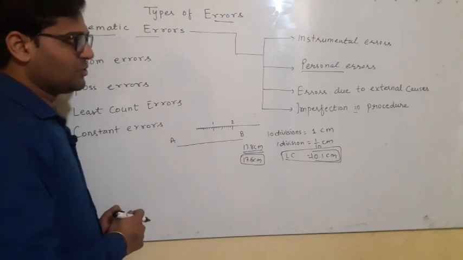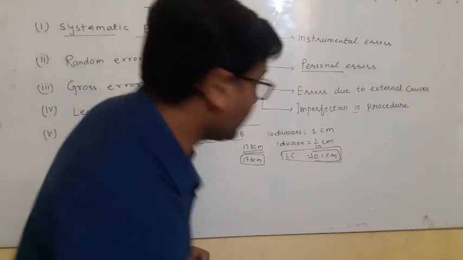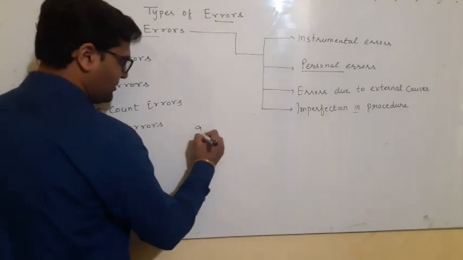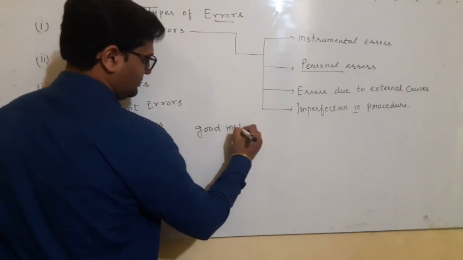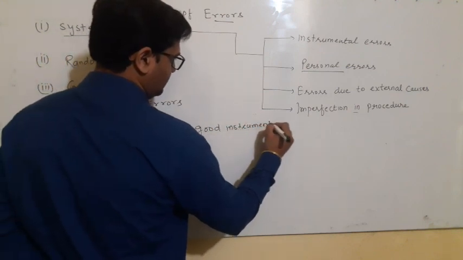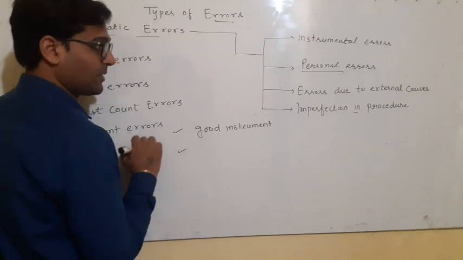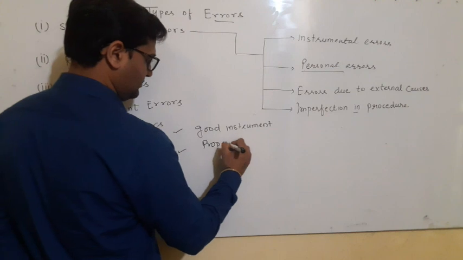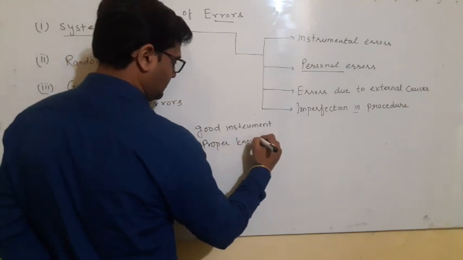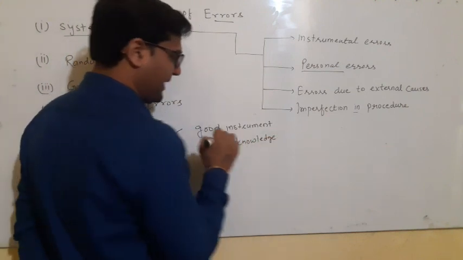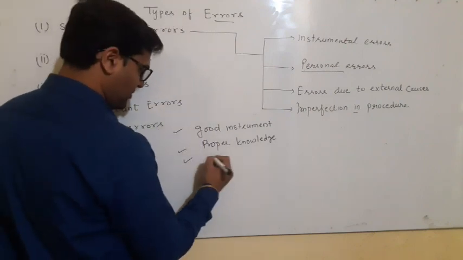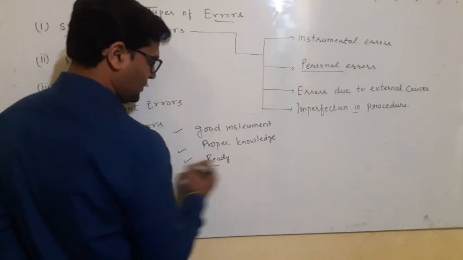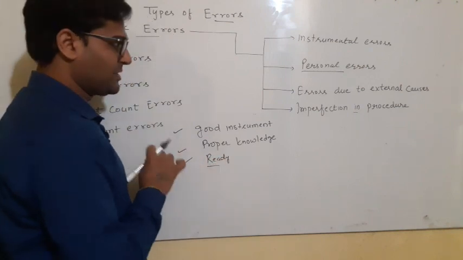Next is errors due to external causes. Say I have a good instrument and I have proper knowledge of handling the instrument, and I am ready to take the measurement.